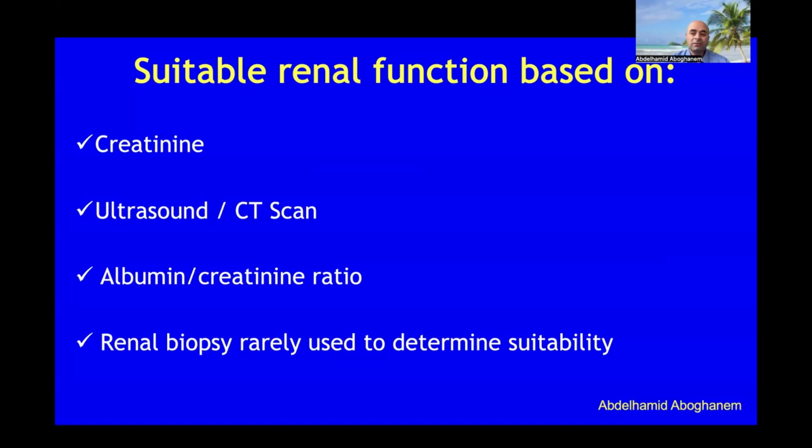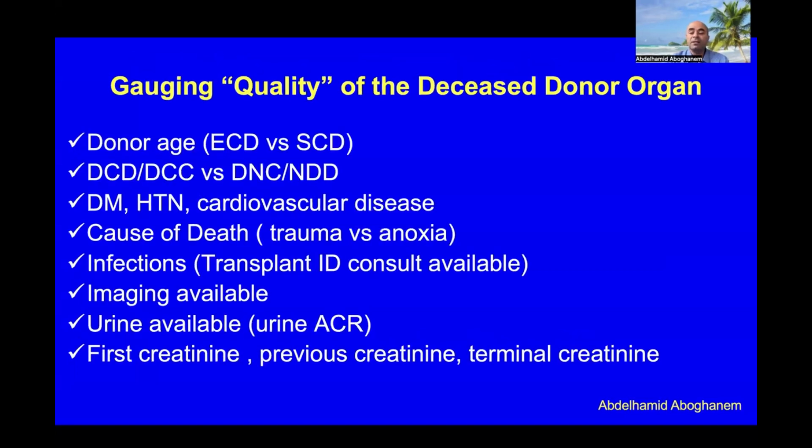Delayed graft function, we will come to this in detail. It means the patient needs dialysis during the first week after transplant, either peritoneal dialysis or hemodialysis, until the kidney recovers from the severe acute tubular injury from prolonged ischemia time, either cold or warm, and we'll come to this later.